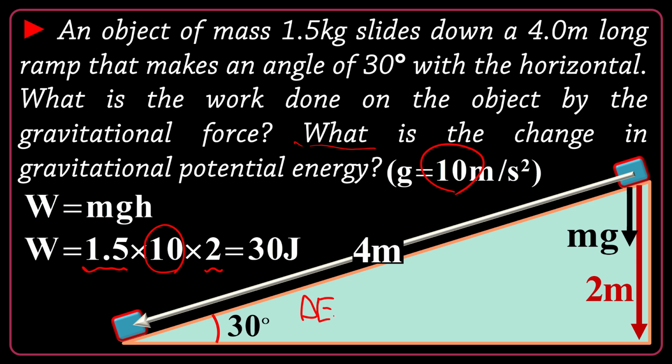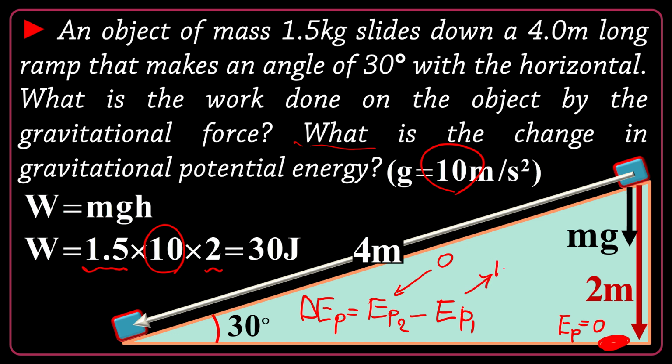Delta EP. Let's say delta EP is the final EP minus initial EP. Okay, EP1. Here, I mentioned it's very usual to take the ground state, the minimum height the object can have, to be zero gravitational potential energy. So let's say EP here is 0. So EP2 is 0.